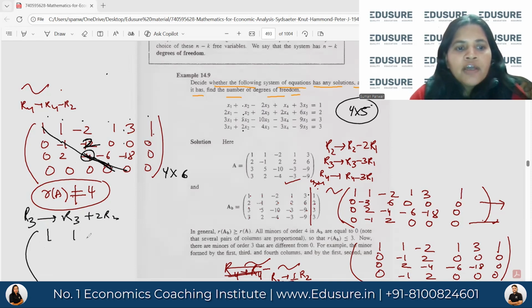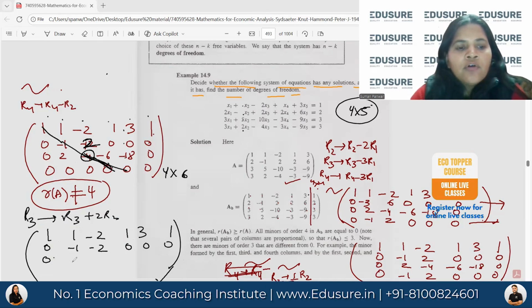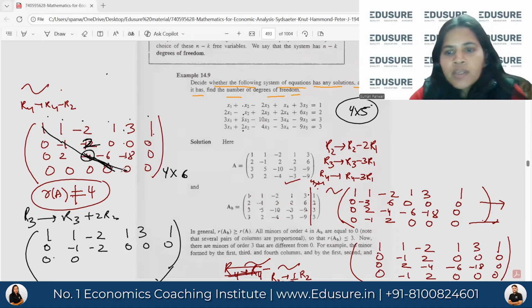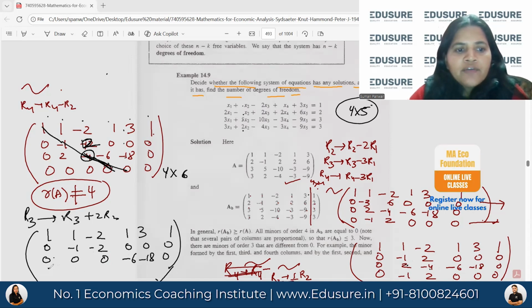So I have 1, 1, minus 2, 1, 3, 1, 0, minus 1, minus 2, triple 0, and 0, and then 0, and then minus 4 plus 2. The third one was 2. And then minus 4 plus 4 is 0. And then minus 6, and then minus 18, and then 0. And then it was 0, 0, 0, 0, 0, 0.